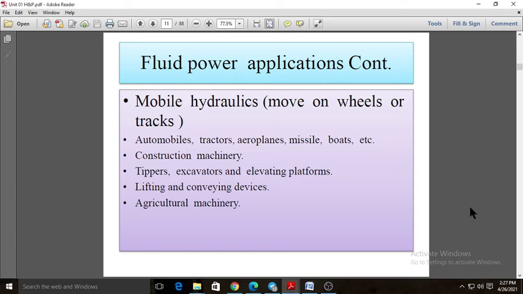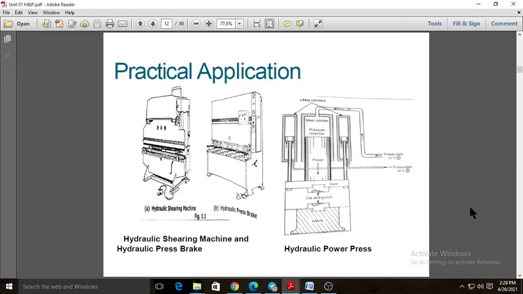How automobile power transmission occurs, we have a separate lecture on this, and how a vehicle can be run using hydraulic power, I will explain to you in detail. Then in construction machineries, tippers, excavators, then elevating platforms are the applications of hydraulics and pneumatics.